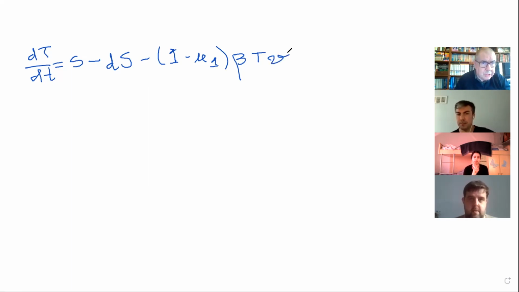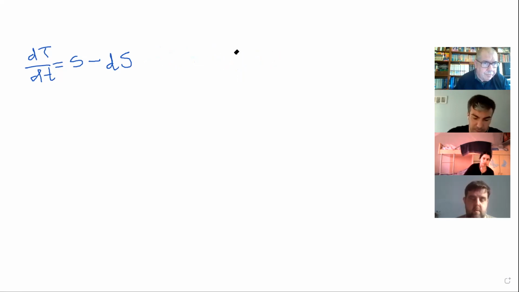Now, suppose that our patient is not infected. So V is 0, and you don't have it here. Let's clean it. And suppose that you have no T cells.